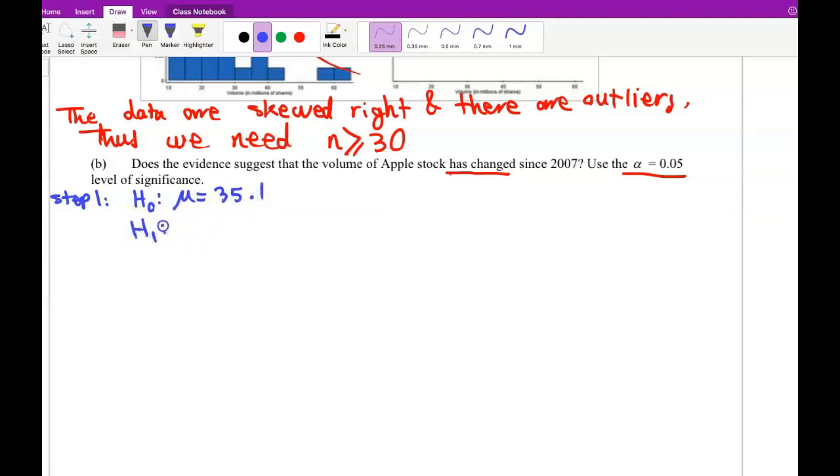And for the alternative, since we have "has changed", it's asking if it is changing. We don't have any words about increasing or decreasing, so I need to use "is not equal to" this number.